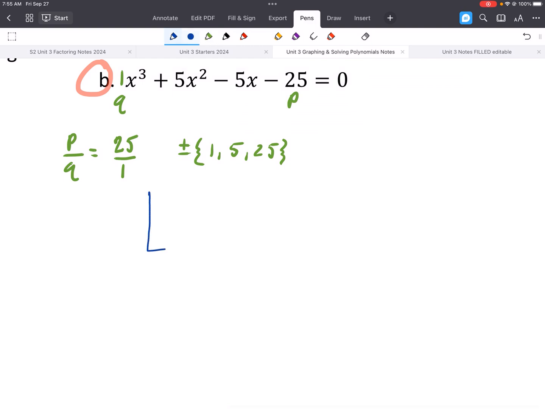And then we'll try some of these. We could do 1, and our coefficients would be 1, 5, -5, and -25. Let me try that again. Okay, bring down the 1. And again, while you do these, it might take you a couple tries to get this to work.